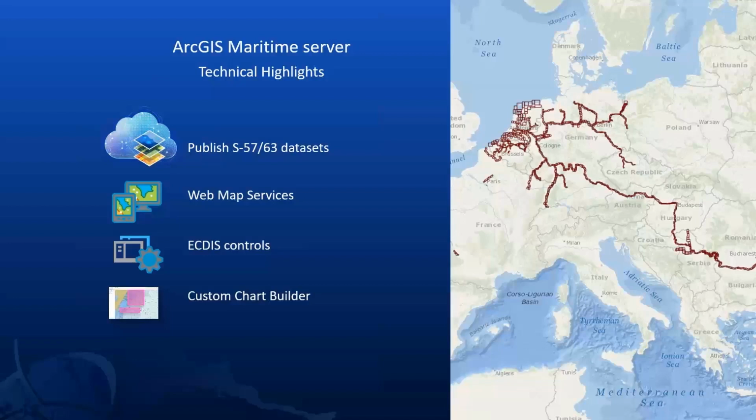It is not an ECDIS, but it gives you controls over things like whether it's in day or dusk, and you can turn certain themes and groups off, and things like that. It also has another application, which I won't be going into today, called Custom Chart Builder, that allows you to generate hard copy PDFs directly from this web service.